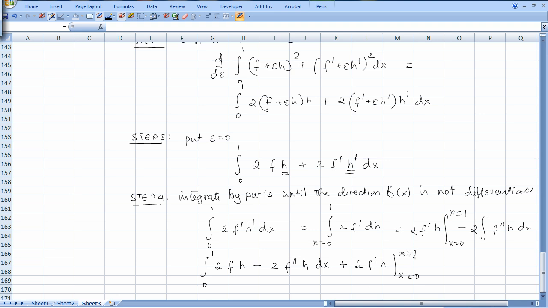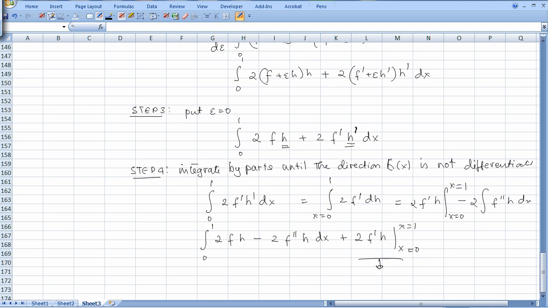This is a boundary. This thing is called the natural boundary condition.